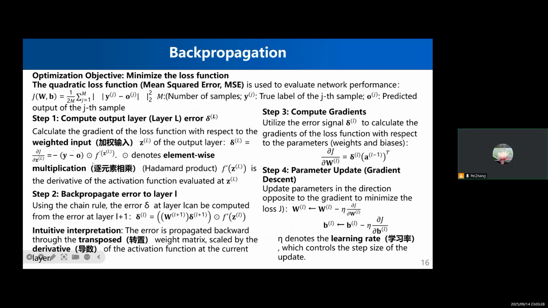So the error is equal to y minus O, and the dot denotes the element-wise multiplication.